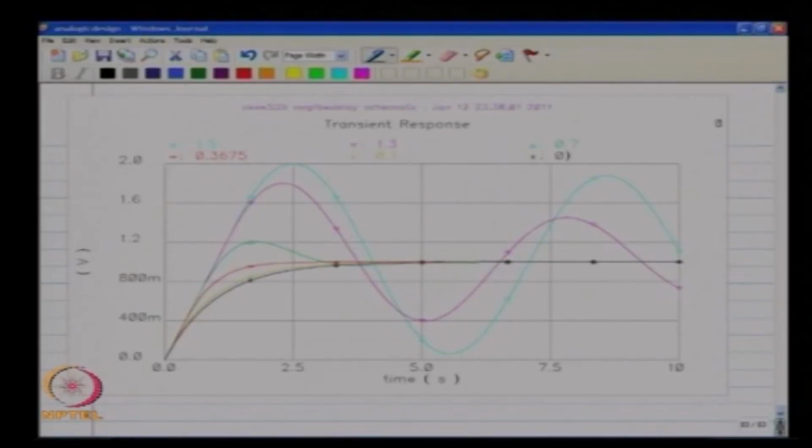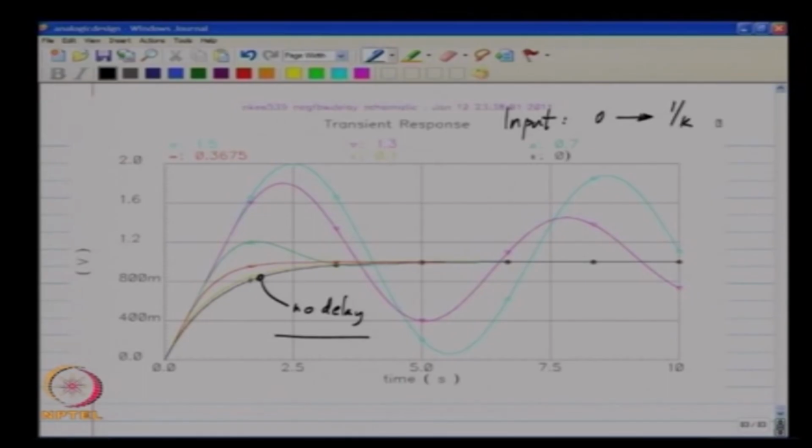And let us look at some example solutions. So, here is what happens. Again, for reference I have shown the case without delay, and this plot is obtained in a way similar to the last one, that the input goes from 0 to 1 by k and the x axis is normalized to k by omega u. 2.5 means 2.5 k by omega u and so on.